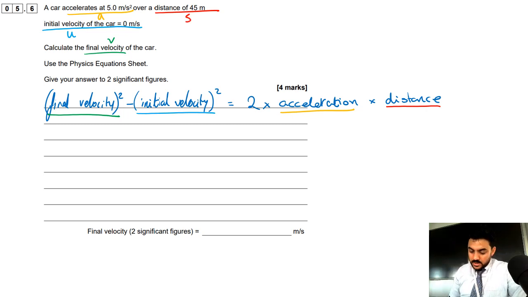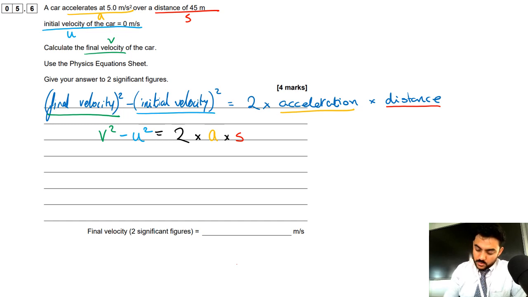Okay, so then we can recreate that equation by writing v squared minus u squared is equal to 2 times by a times by s. And we can plug in our numbers or substitute.